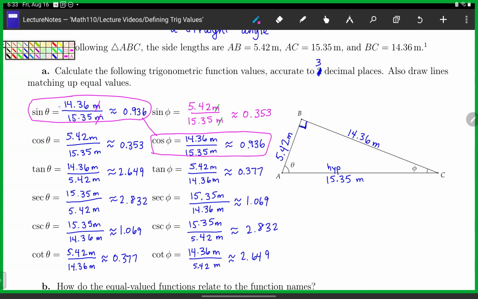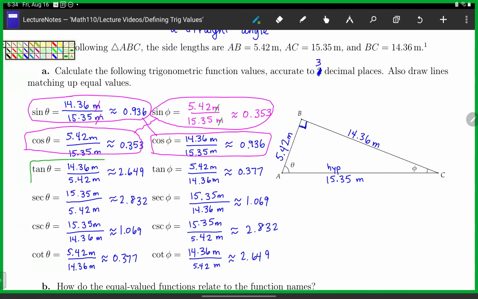So sine of theta is always going to be the same as cosine of phi, where theta and phi are the two acute angles. So similarly, cosine of theta is going to be equal to sine of phi. So go through here and find the other ones that are equal to each other. And I'm going to do the same.